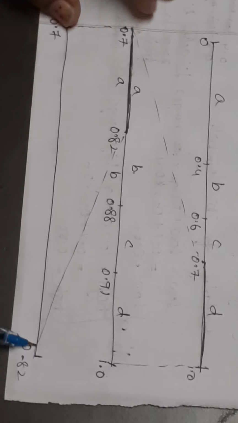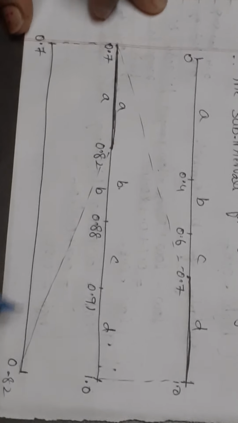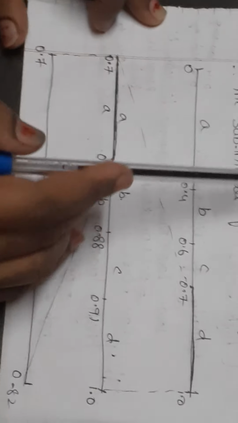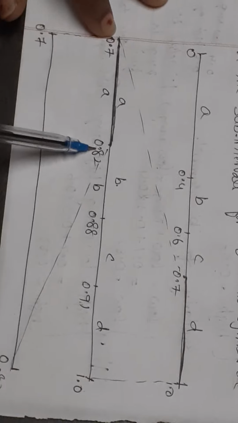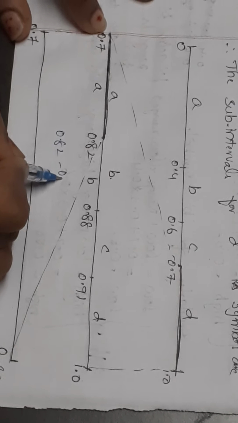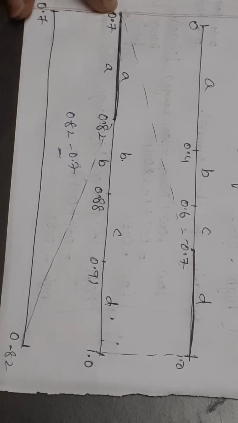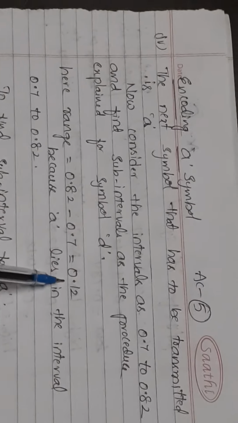This interval you once again have to subdivide into a, b, c, d. Here the range value is only the interval 0.7 to 0.82 that you are considering. So 0.82 minus 0.7 gives your range value, which is 0.12.